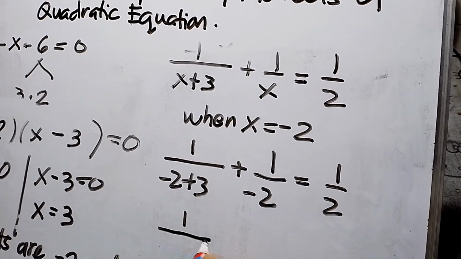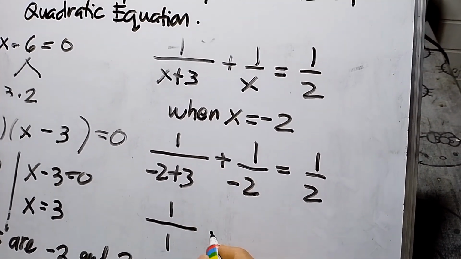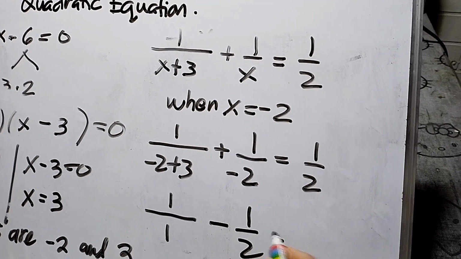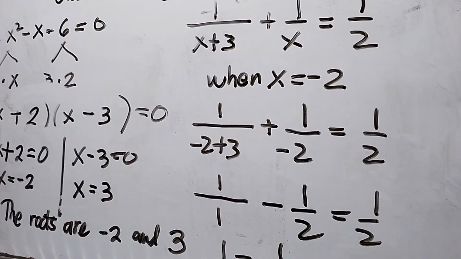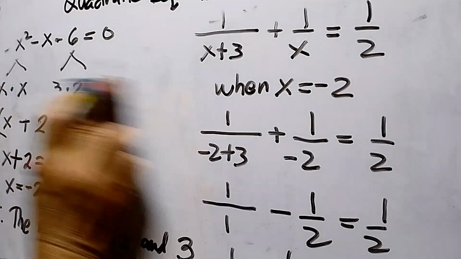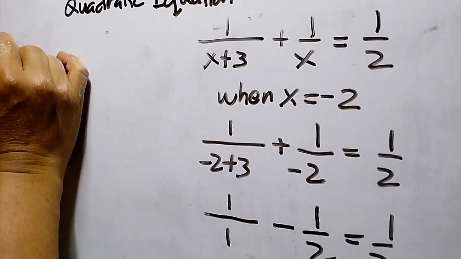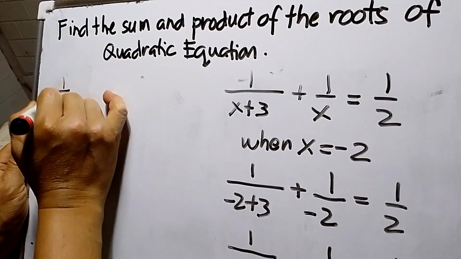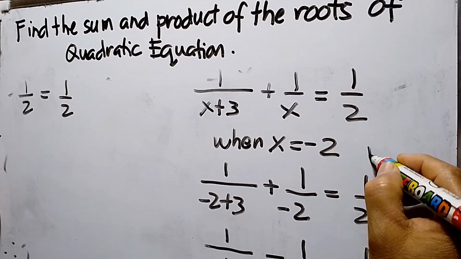So this will be 1. This is 1. Positive divided by negative is negative 1/2. So 1 minus 1/2 is equal to 1/2. So what is 1 minus 1/2? So this will be 1/2 is equal to 1/2. So therefore, x equals negative 2 is correct.